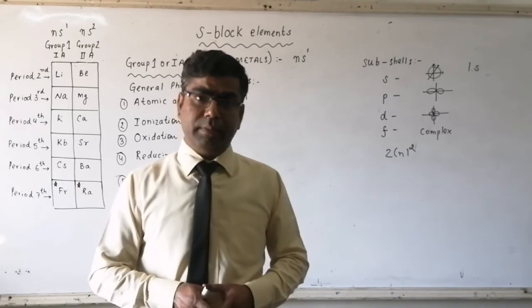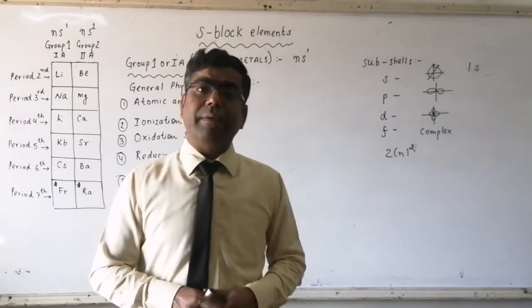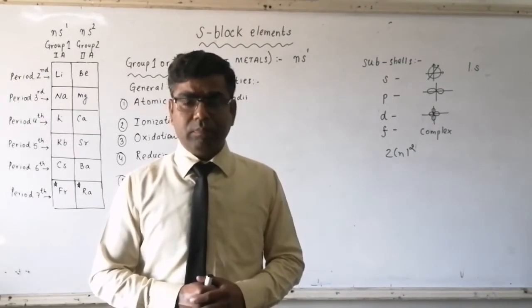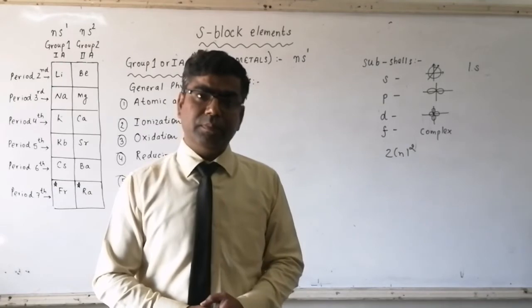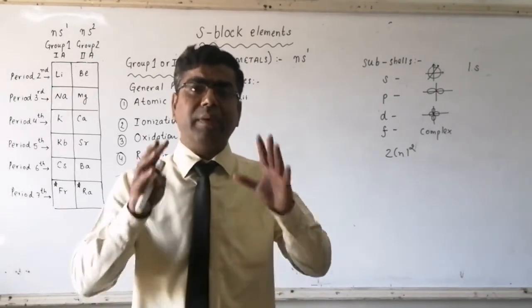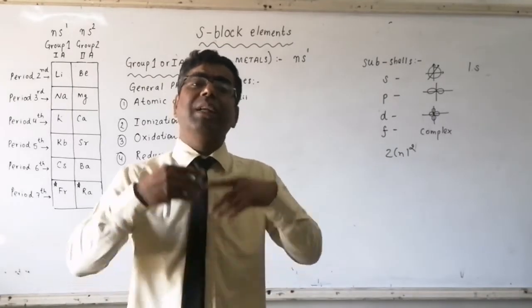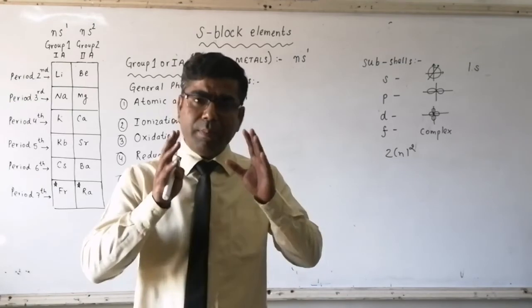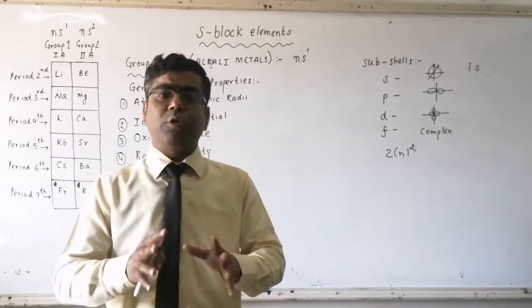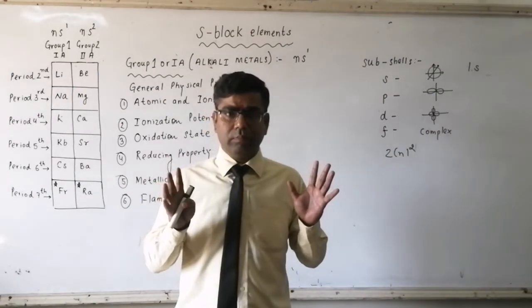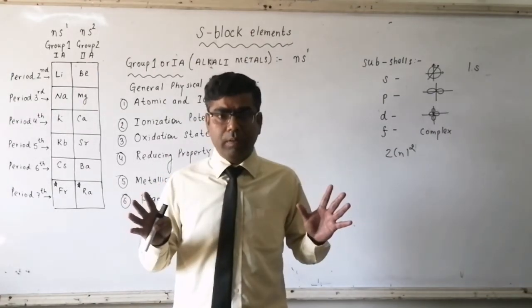So in any period, alkali metals have the maximum metallic character. As you move down in a group, metallic character will increase, or we can say electropositive character will increase. Tendency to lose electron will increase. Alkali metals have maximum electropositive character, or they are most metallic in the periodic table.